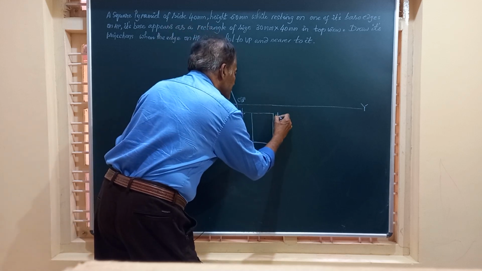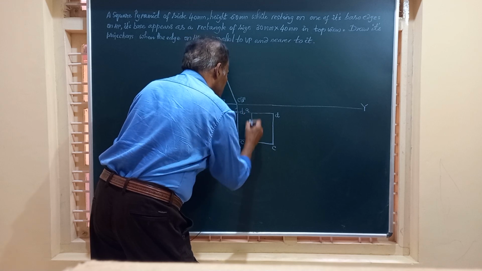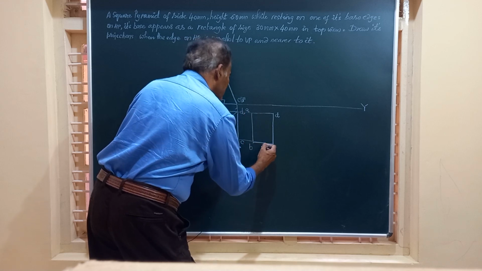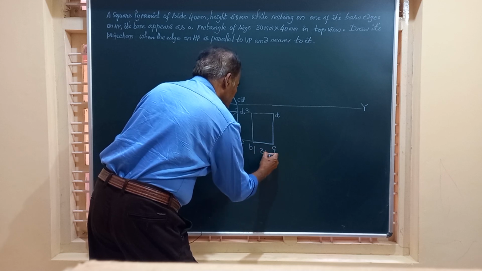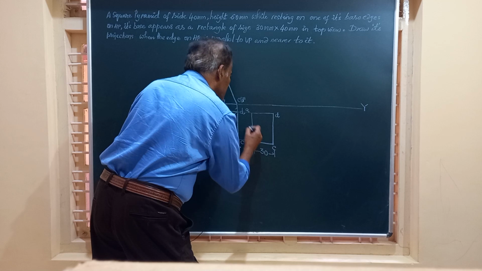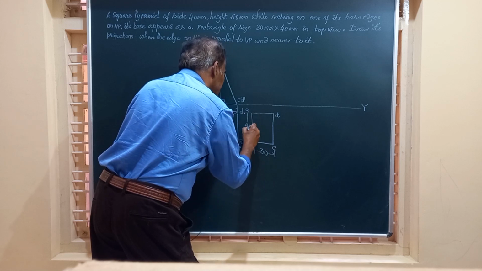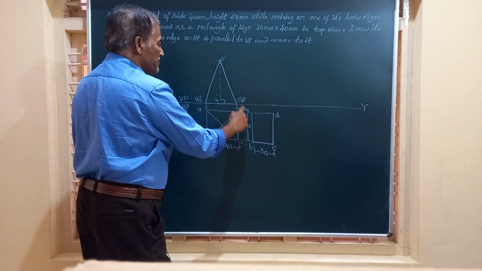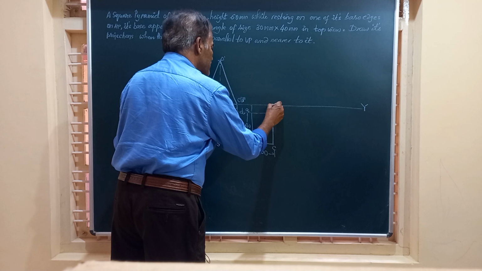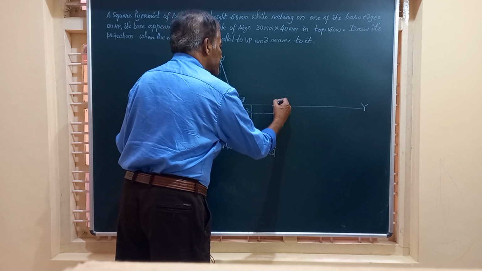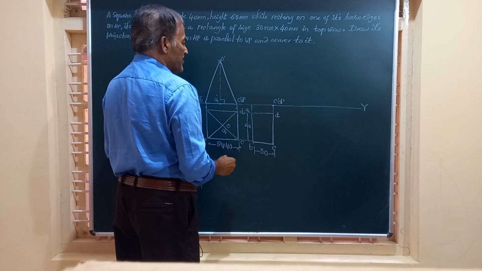This is D, this is C, this is A and B, and it has got a dimension of 30 millimeter in the top view, and this is 40 millimeter. So the dimension of these vertical edges, namely AB and CD, remain the same. So friends, it is going to rest on this. So this is a fixed point. So we'll call it C dash D dash in the front view.